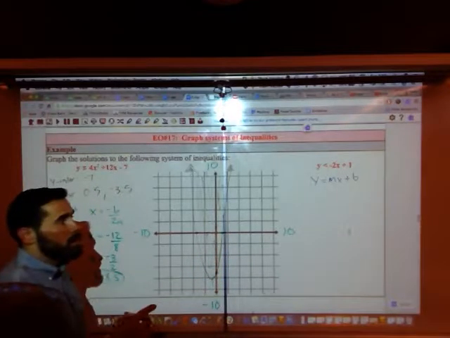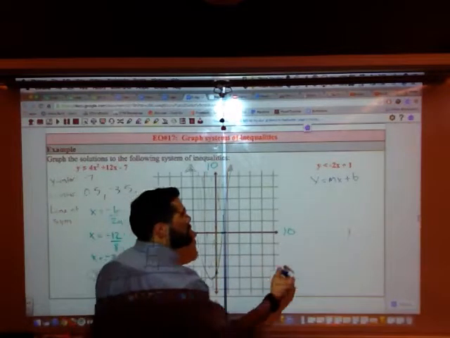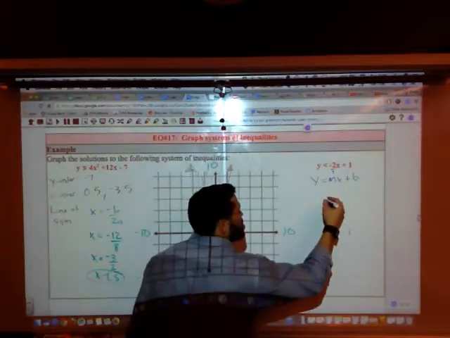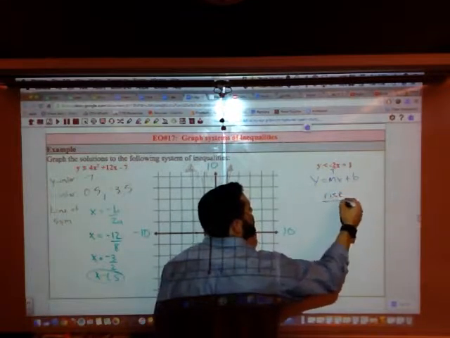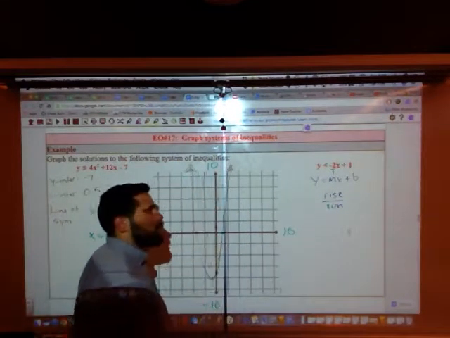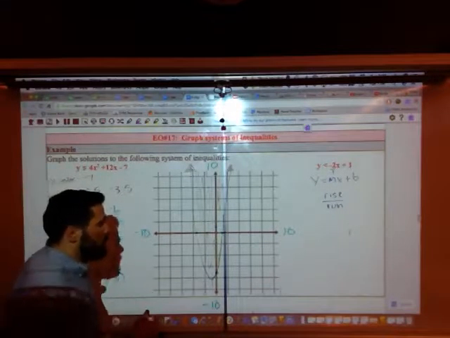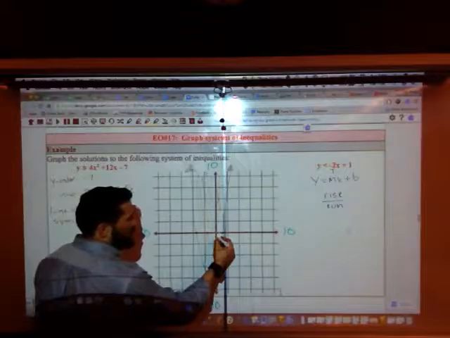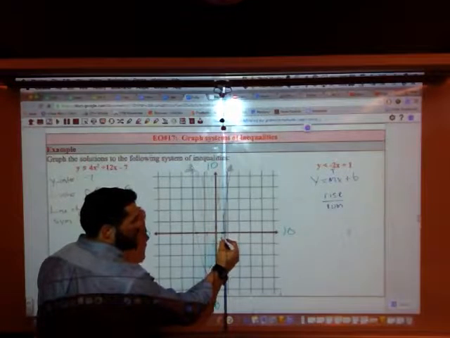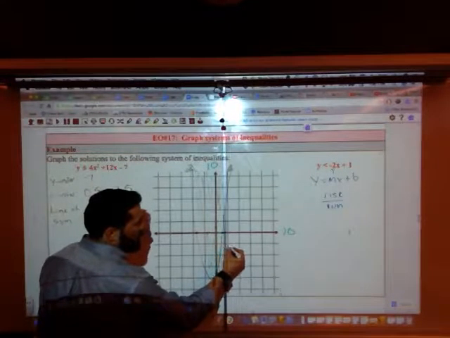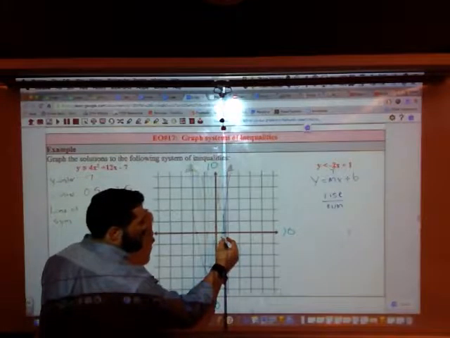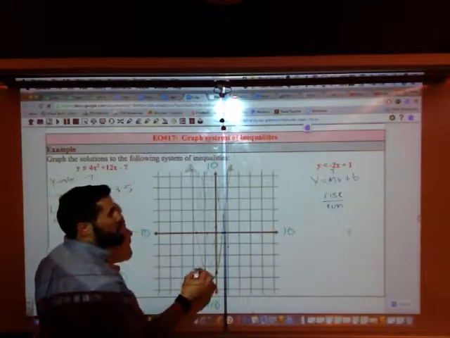And then I'm going down 2 to the right 1. I always tell you guys to write that as a fraction, so you have your rise over your run. So I'm going to rise down 2, go to the right 1. So down 2 would be here, right 1 would be halfway, down 2, right 1. So I've got my line there, and this one needs to be dotted.